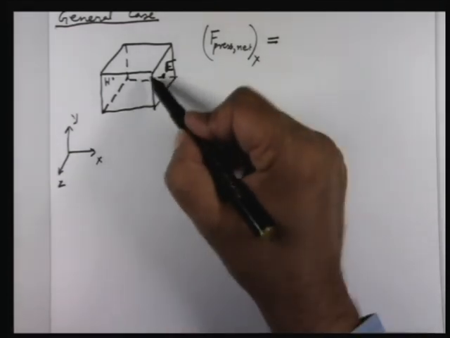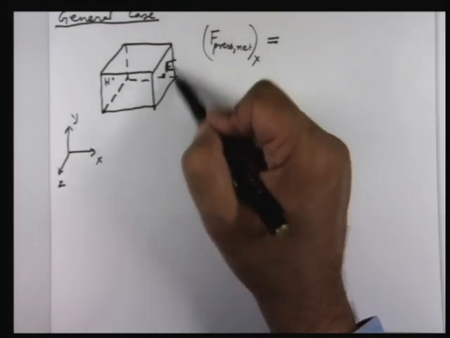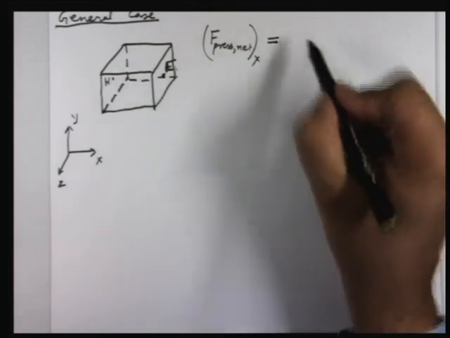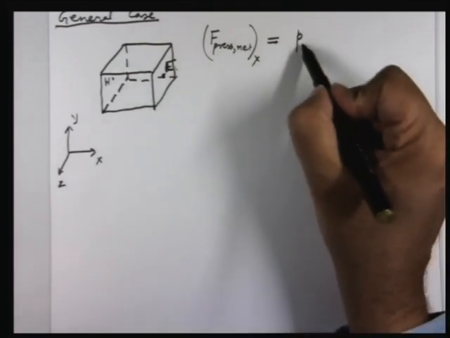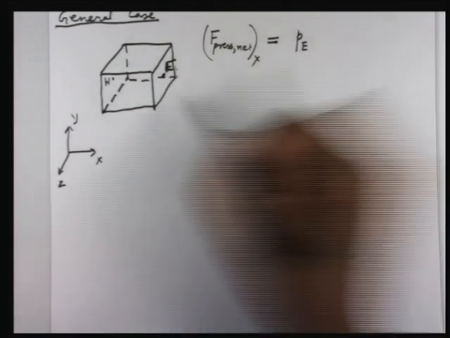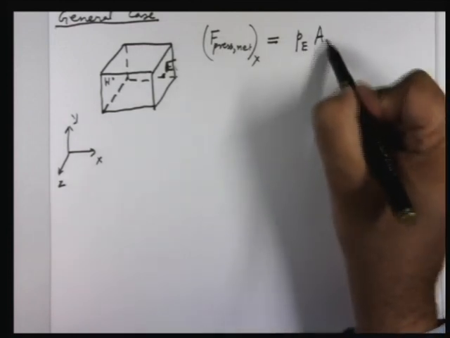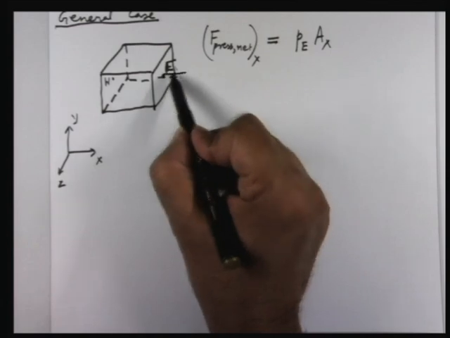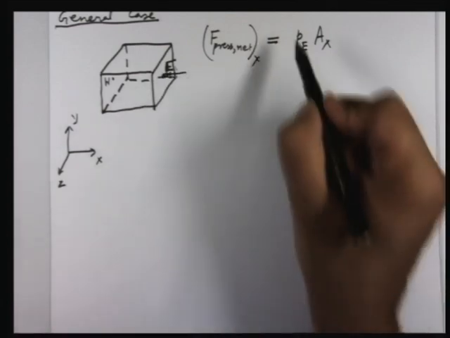Now this pressure force, a simple minded way is you take the pressure at the midpoint times this area. P at the east face into the area which is perpendicular to the X direction. So this will act in this way, inwards, so there is a minus sign.